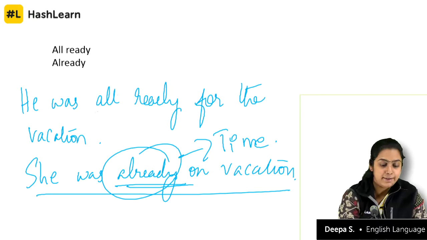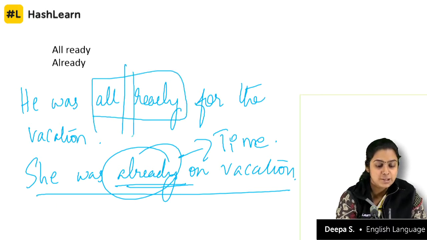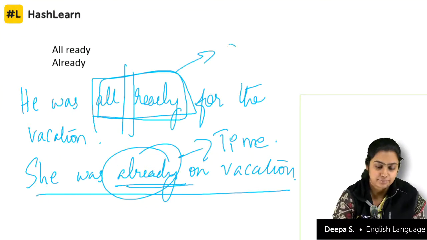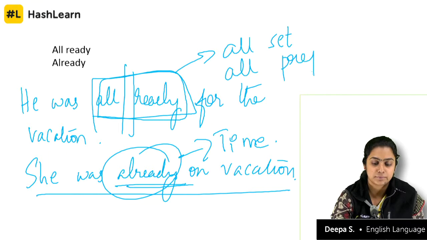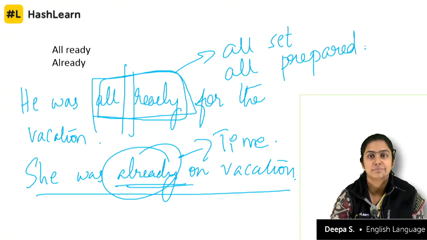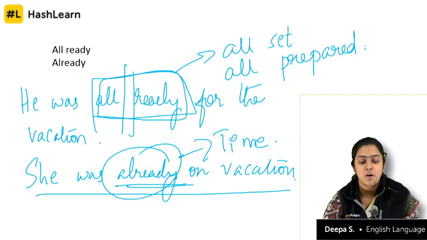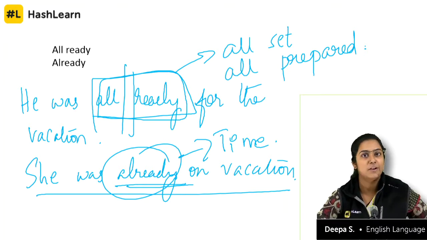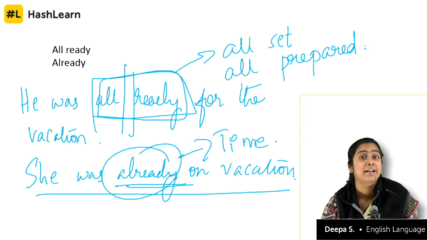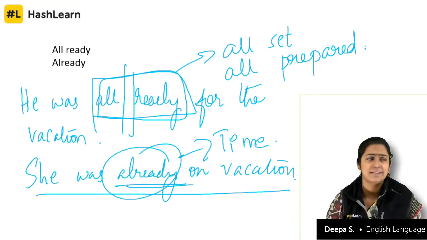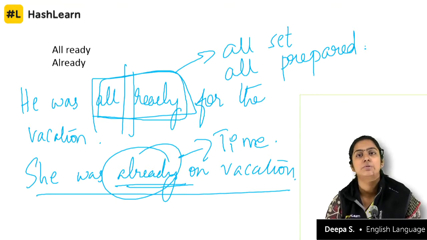On the other hand, when you use all ready, it means you're ready. You're all set. All prepared. Okay. You're eagerly awaiting something. He was all ready for the vacation. He was all ready. He was very set, prepared. He was eagerly awaiting the vacation. Maybe he packed his bags, his tickets were booked, his accommodation was booked. Okay.